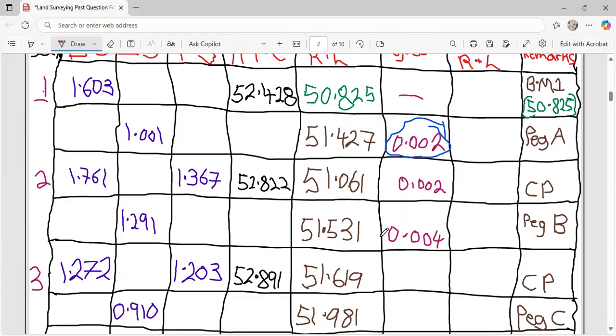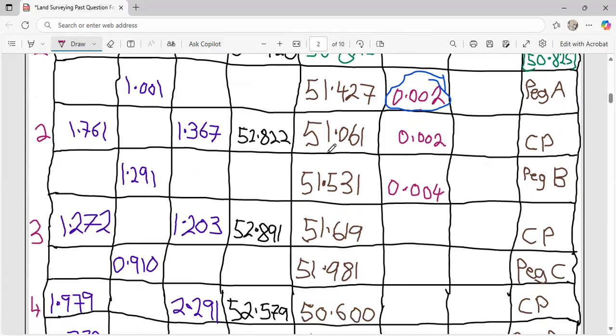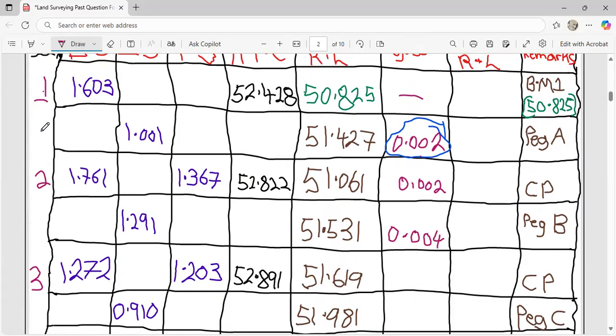So also, how many readings were taken before a next instrument setup? After the second instrument setup, you realize that a back site reading was taken, which was the first reading, and also an intermediate site reading was taken. So the intermediate site reading and the back site reading became two readings.